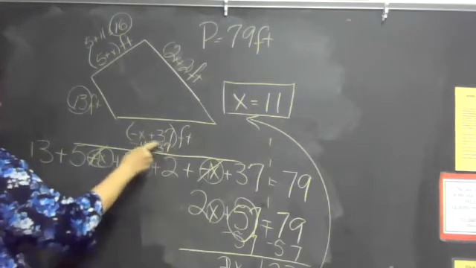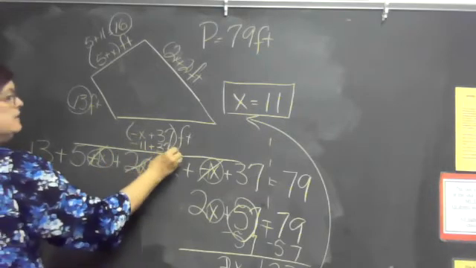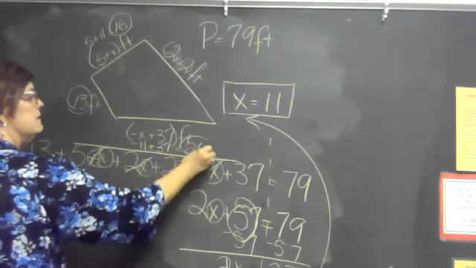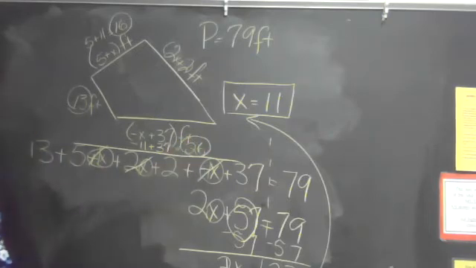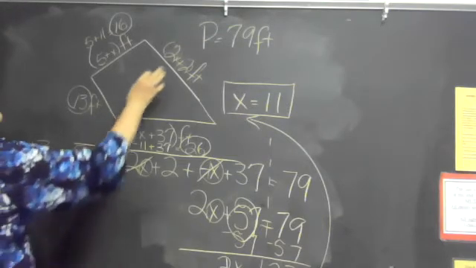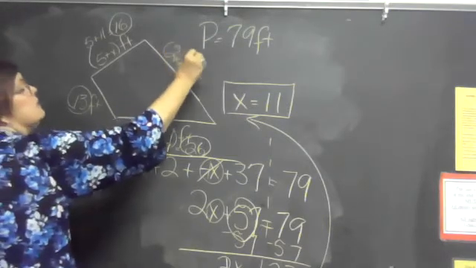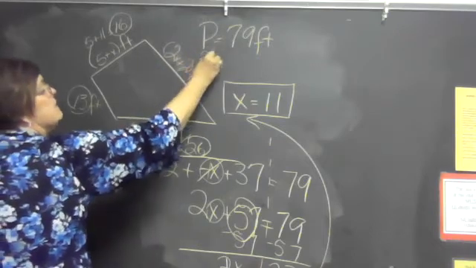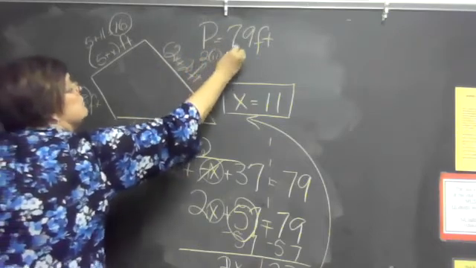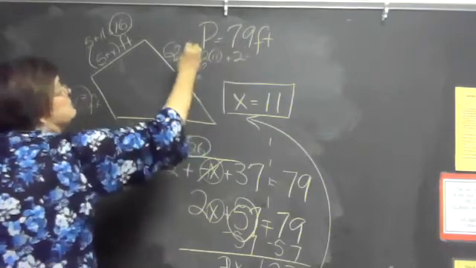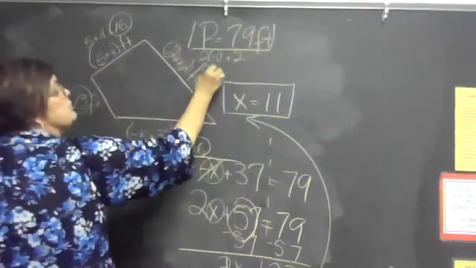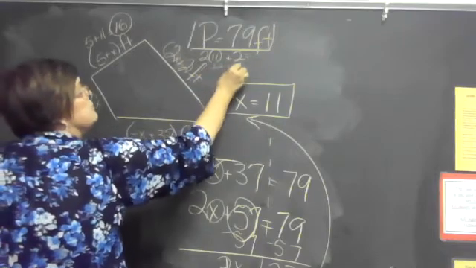plus 37. Do you see how we plugged it in here? Yeah. And so we're going to have 26 here, 26 feet. We have one more, right? 2x. Okay, so we're going to say 2 and x is 11 plus 2. So this is 22 plus 2.